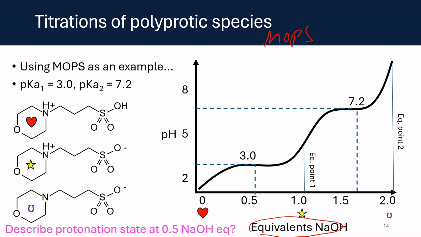And on the x-axis, again, we will be systematically increasing the NaOH content by titrating it in drop by drop. And on the y-axis, we will measure the pH of the entire solution. All right? And I've reproduced over here the molecular structure for MOPS, all right? But if you notice, they're all in different protonation states.